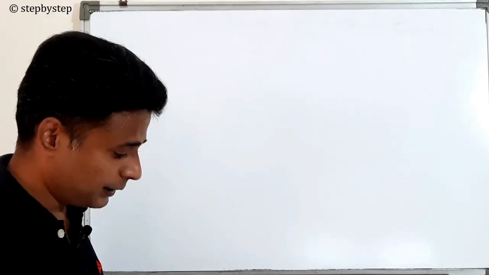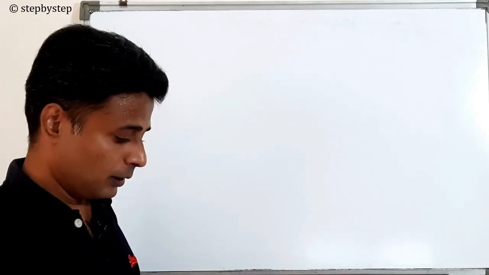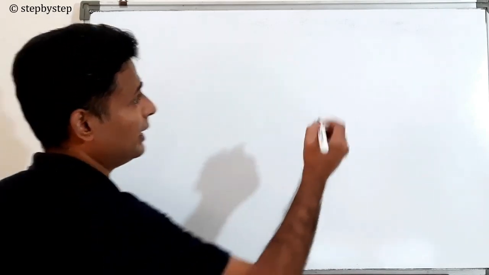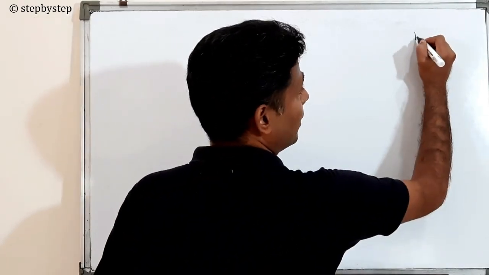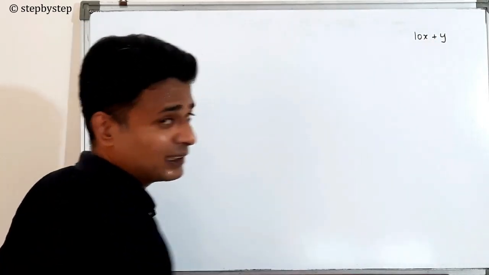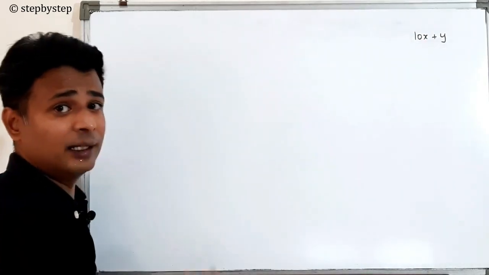Alright, now the second question, a word problem. The sum of a 2-digit number. So this problem is a 2-digit number problem, which means, if you remember, how do you write a 2-digit number? 10x plus y, where x is in the tens place and y is in the units place.